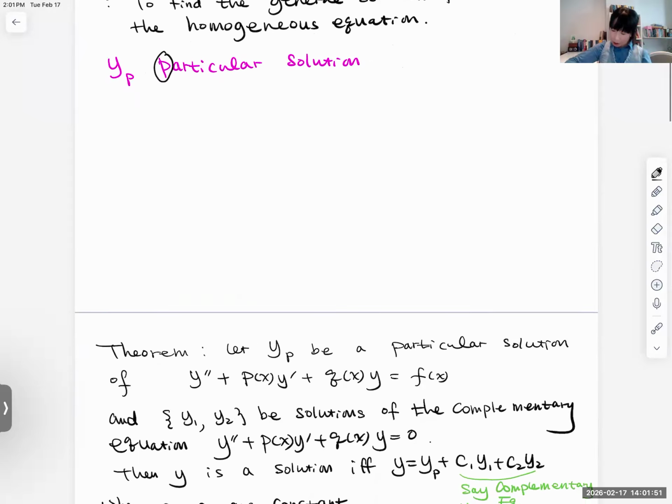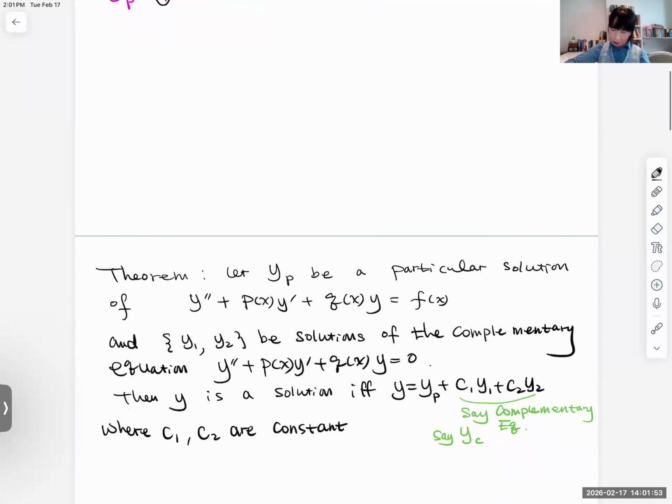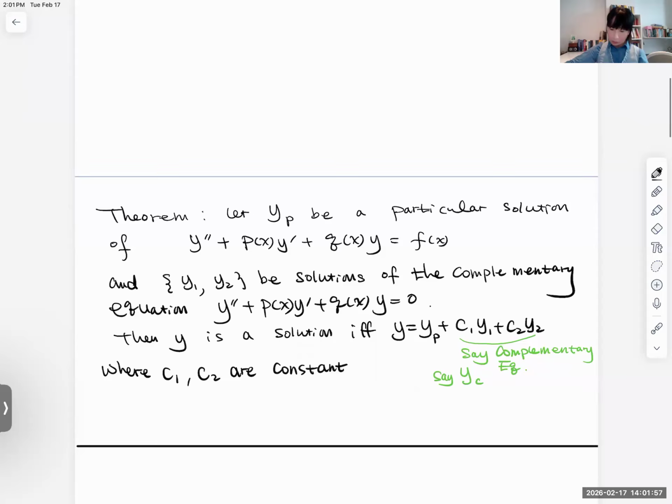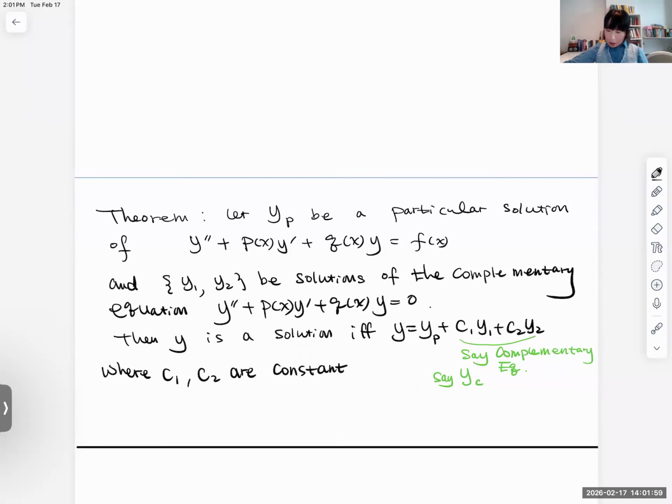So we have another theorem. y sub p is a particular solution of the non-homogeneous second order linear equation, right?